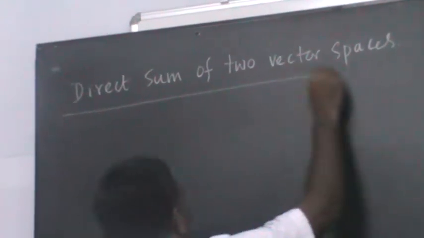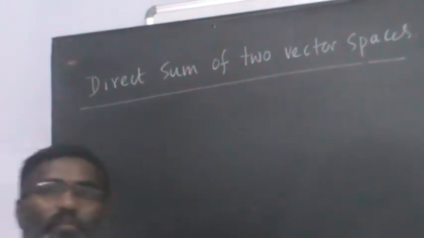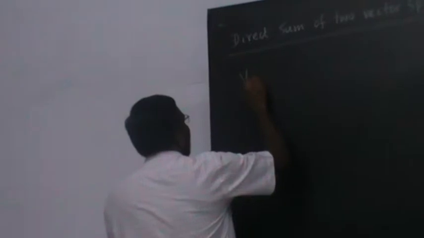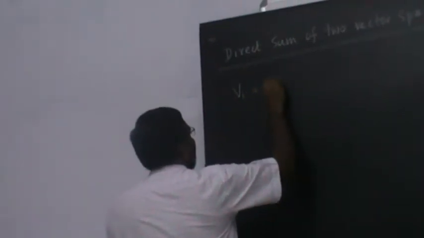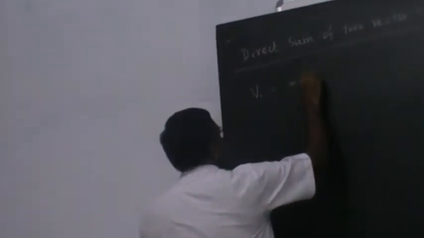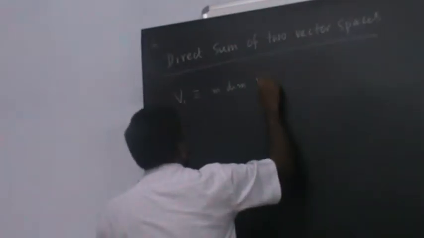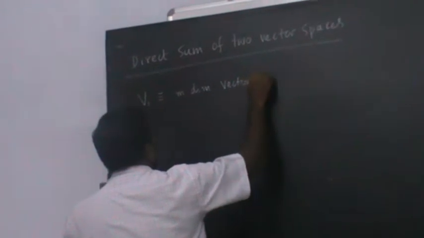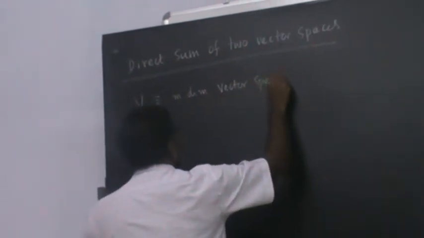The direct sum of two vector spaces is, by construction, a vector space. I have one vector space, I have another vector space. I make it a direct sum of two vector spaces. It's always a vector space. Okay, so let us say that I have a vector space V1 which is m dimensional. What does it mean?